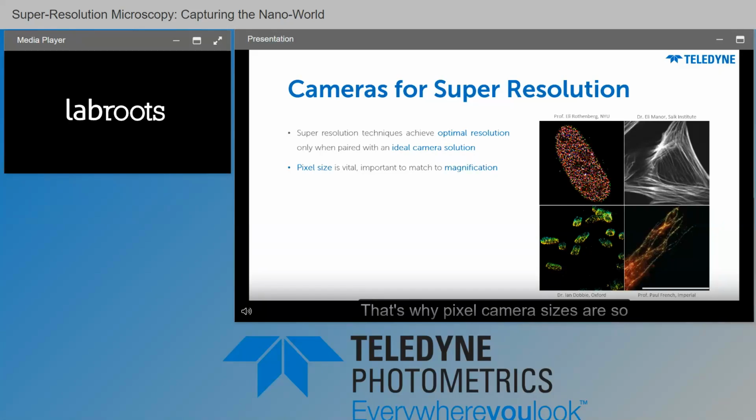That's why camera pixel sizes are so specific. They're being matched to specific magnifications that most imaging systems use: 10x, 20x, 40x, 60x, 100x. You can do binning to make your camera's pixel bigger, but it's best to match the pixel size of the camera to the magnification you're most likely to use.